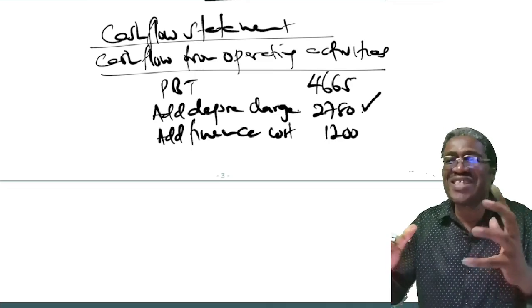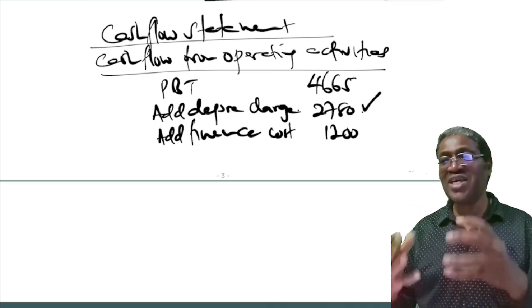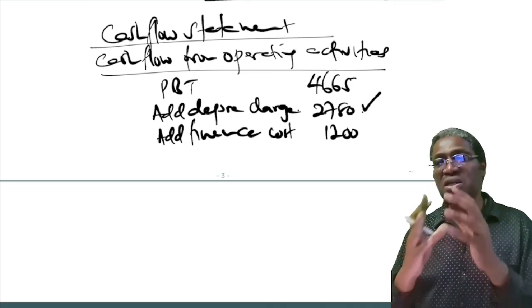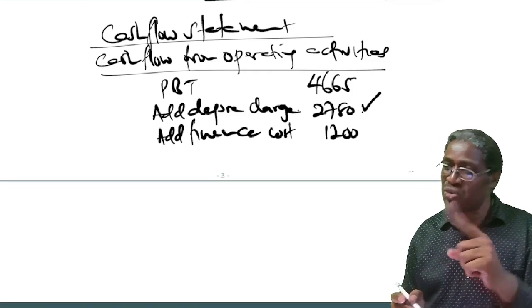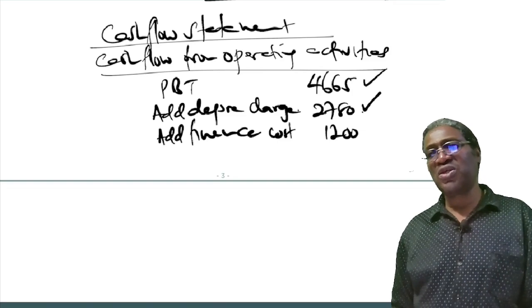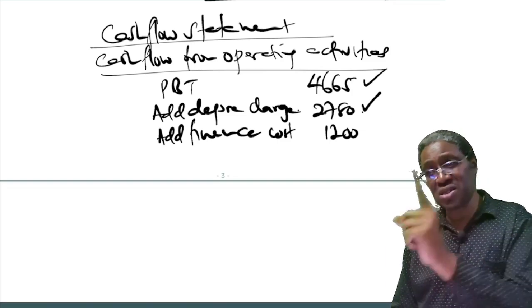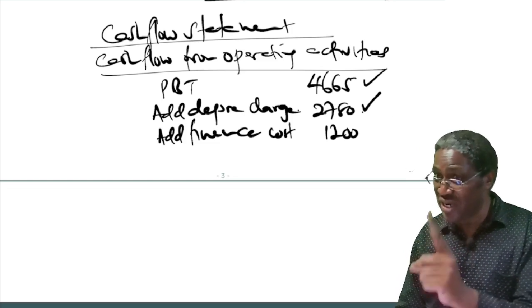We never received it. It's just a gain that we took to the income statement. So that's another thing that the company used to determine this 46.65 profit, yet it's a non-cash item.